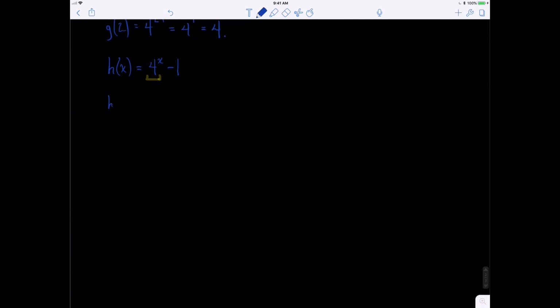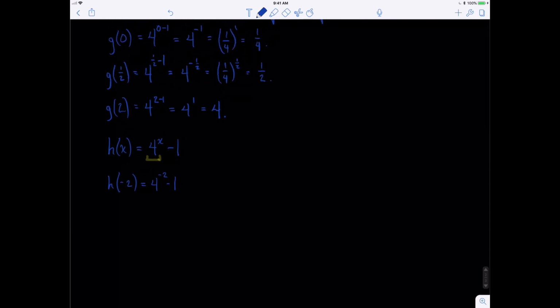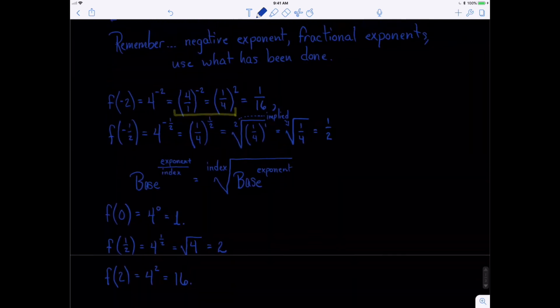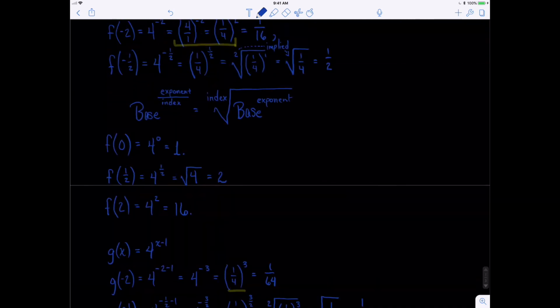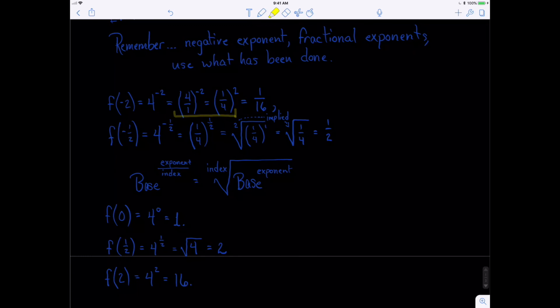So let's go up to the top, and we will run through these now. We're going to use what we've done. h of minus 2. So this is 4 to the minus 2 minus 1. Well, 4 to the minus 2 up above, let's see, what did we find? f of negative 2 is 1/16. Oops, I'm sorry, that was a little fast. We found that right there, it's 1/16.